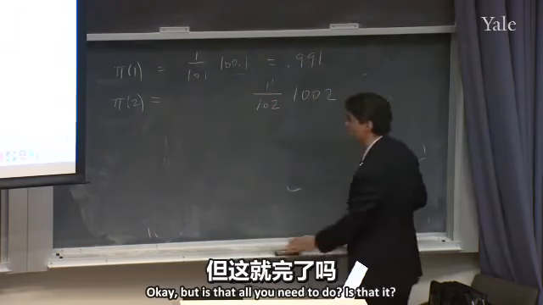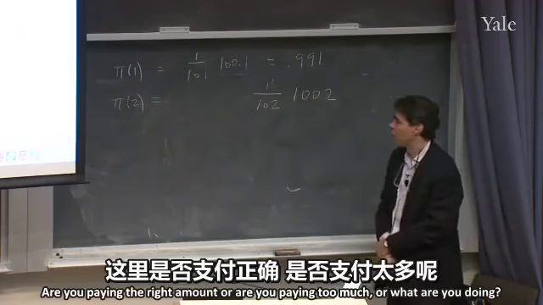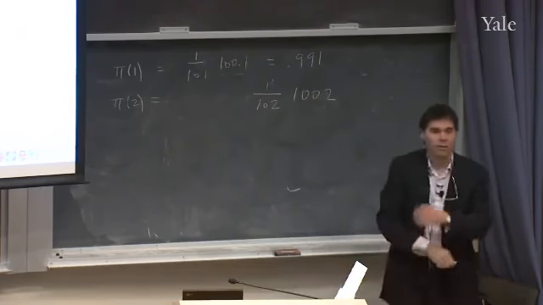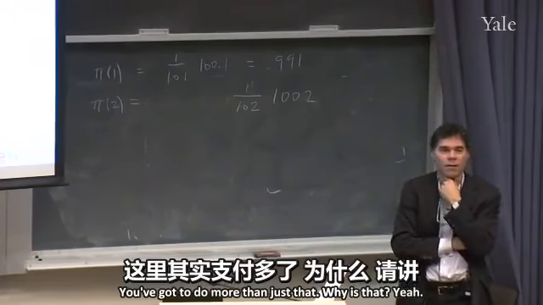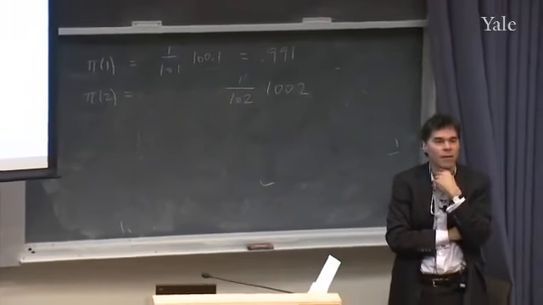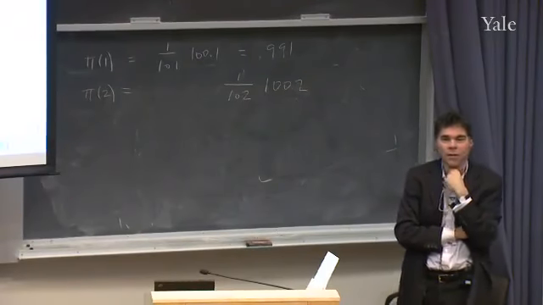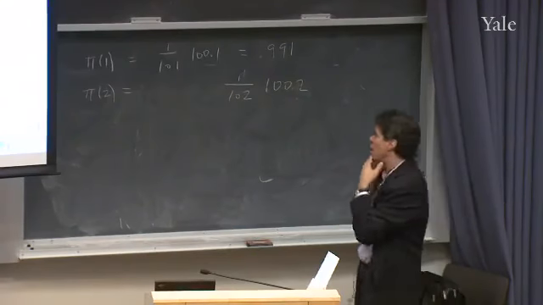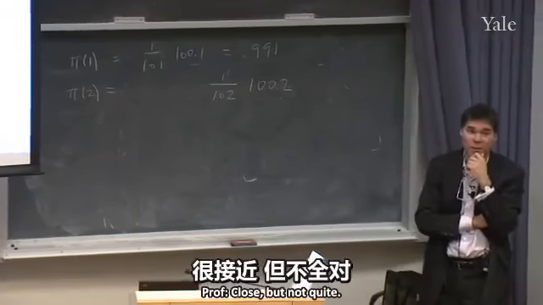Okay, but is that all you need to do? Are you paying the right amount? Are you paying too much? You've got to do more than just that. Why is that? Close, but not quite.